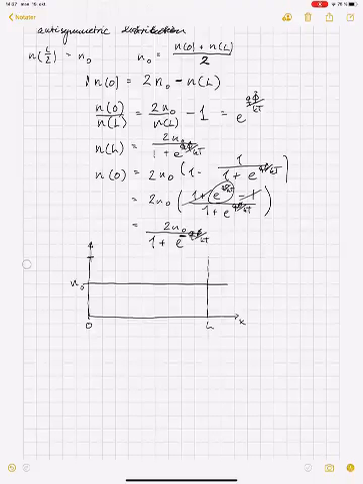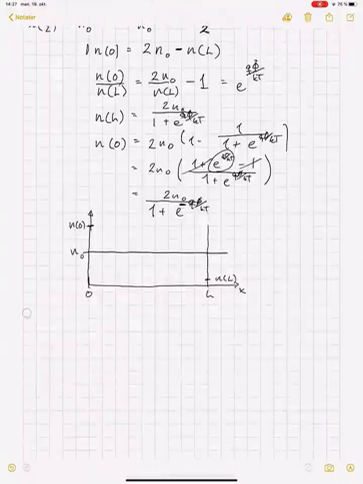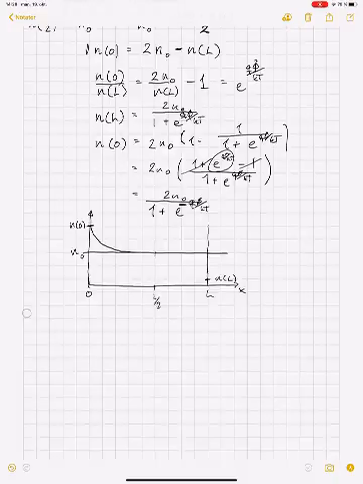It starts out, so let's call this n of 0, and there is n of L, which we have expressions for, and we see that there's an exponential decay towards the middle, and here's L half, and the same on the other side. Well, it didn't look very asymmetric, but it's supposed to be asymmetric.